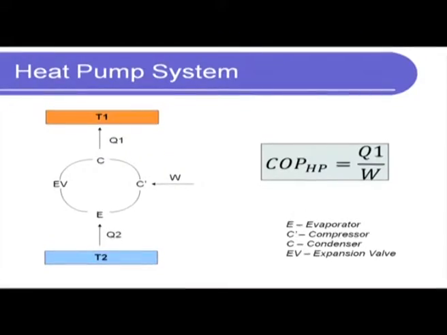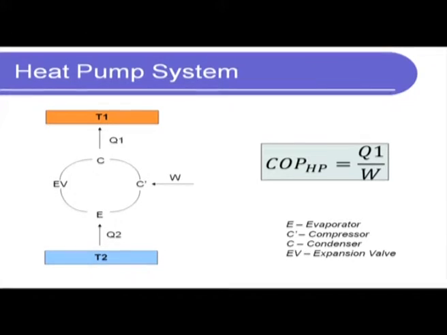Let us come to this figure over here on the PowerPoint. A heat pump, if you recall, is pretty much the same cycle as that of a refrigerator, in the sense that you have an evaporator, a compressor, a condenser, and an expansion valve.